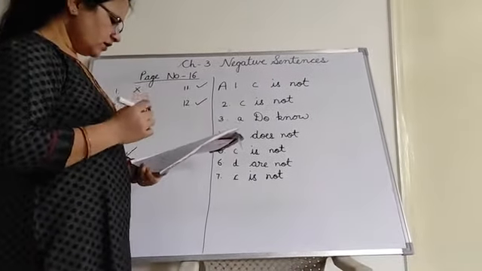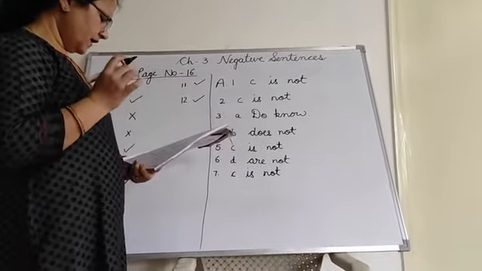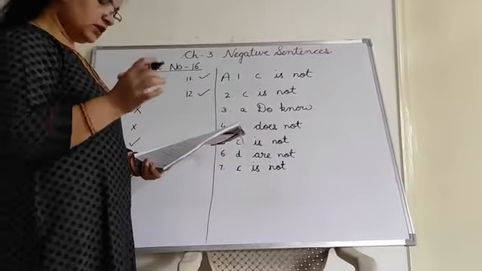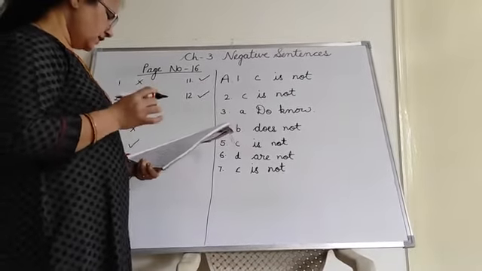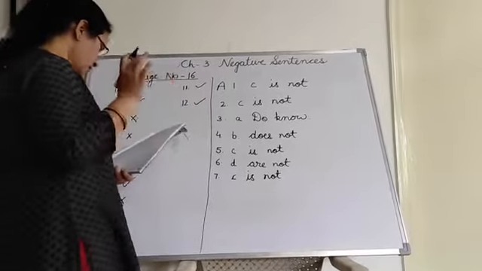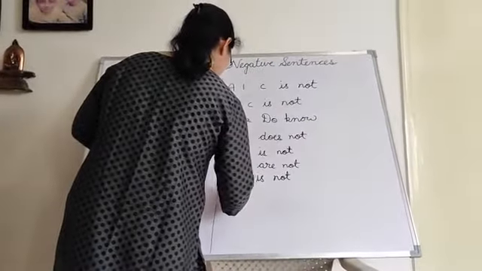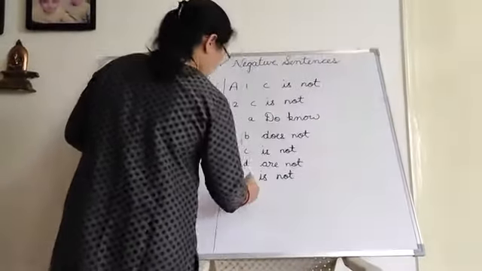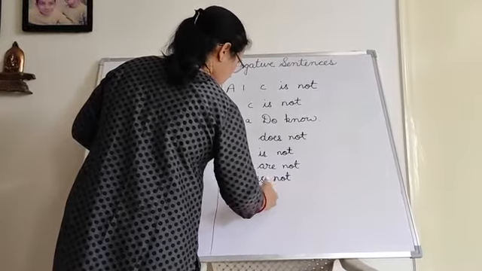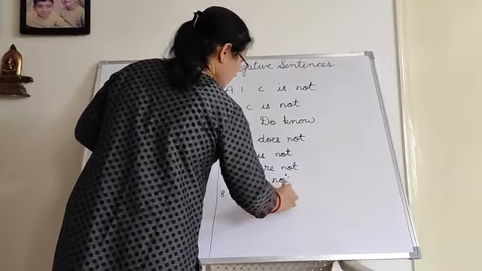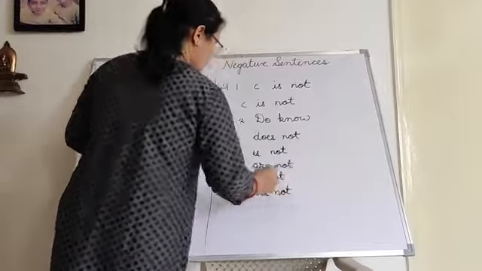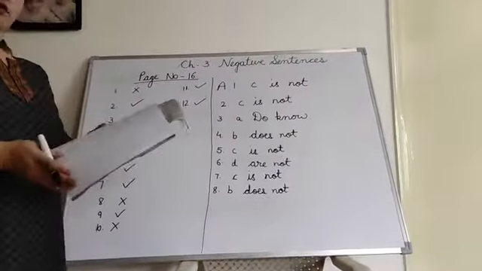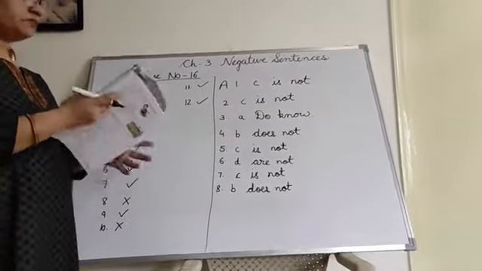Now this clock dash show the correct time. Now this clock, this is singular noun, so does will come. This clock does not show the correct time. So correct option is B. This clock does not show correct time.